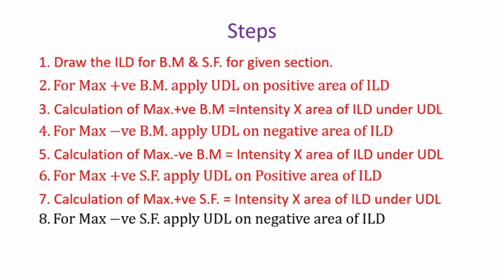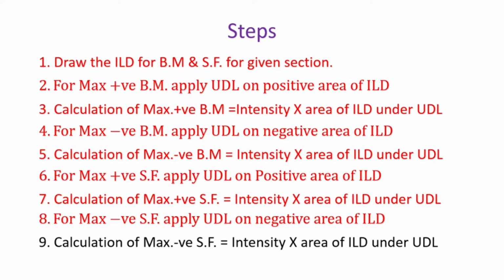The next is the calculation of maximum negative shear force. Apply the UDL on the negative area of the ILD, and the maximum negative shear force is equal to intensity into area of ILD under the UDL.